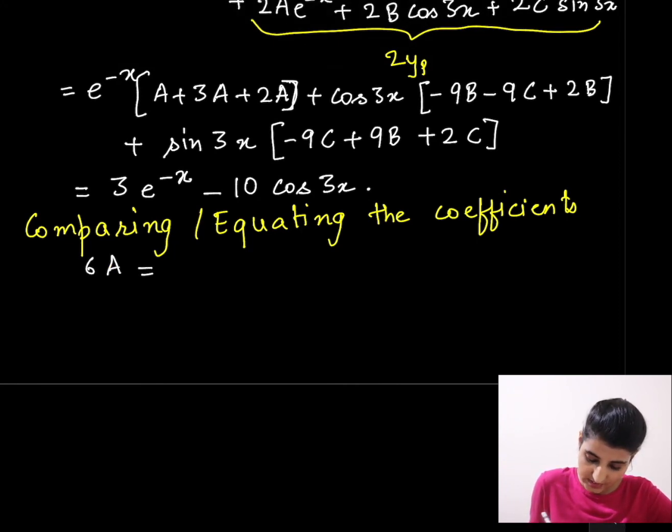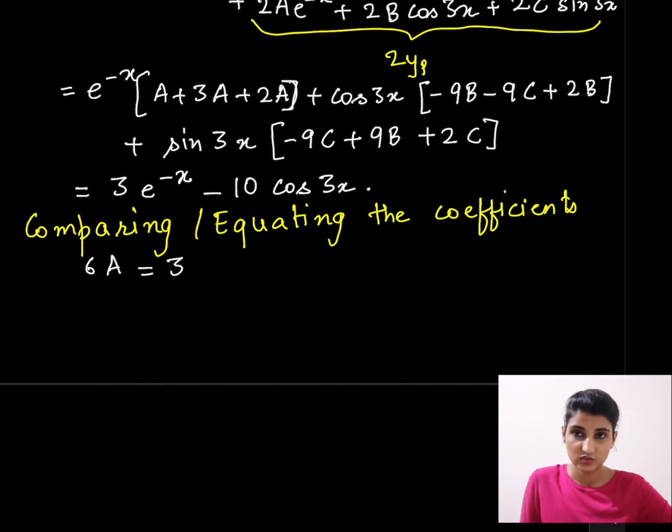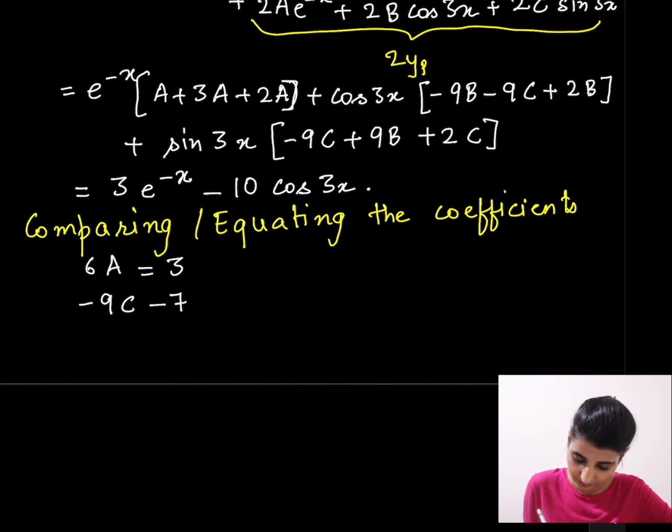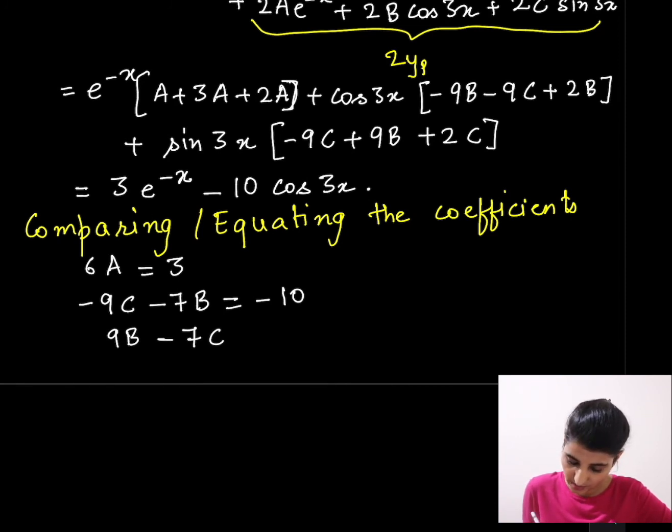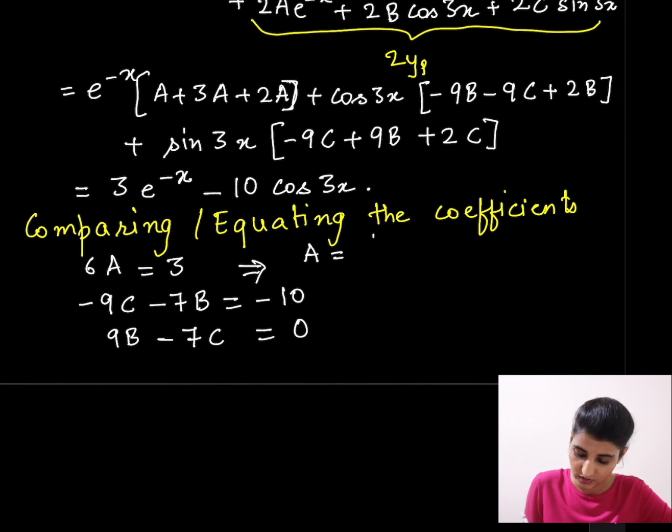So we got 6a equal to 3. The coefficient of cosine 3x gives minus 9c minus 7b equal to negative 10. The coefficient of sine gives 9b minus 7c equal to 0. From the first equation we got a equal to half.